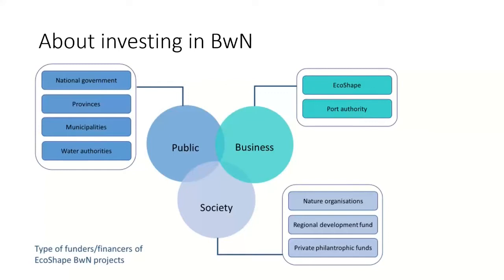Societal actors are, for example, nature organizations, also development funds and philanthropic funds. And for the business investors, you have to think about the Port Authority, for example, mainly the Groningen Port Authority, or from the Eems Deltares project, and then EcoShape partners themselves.